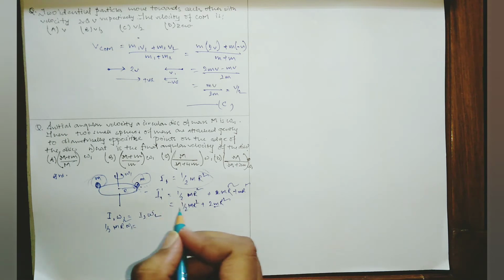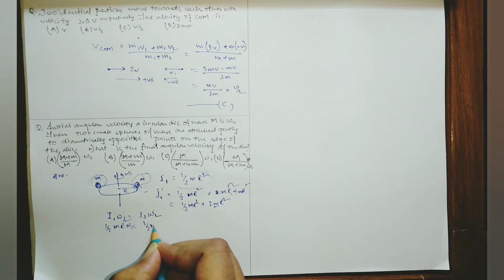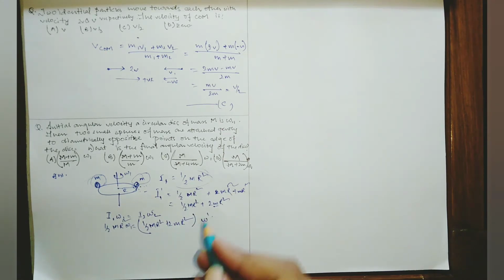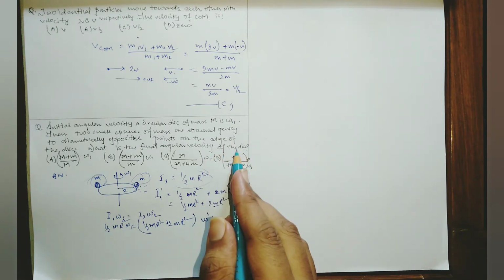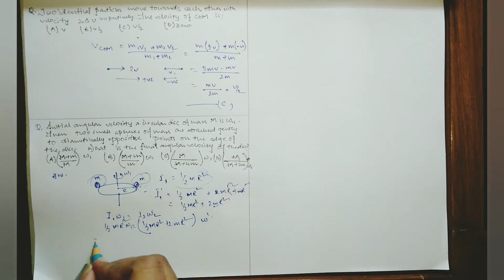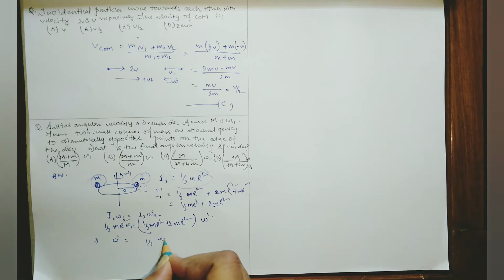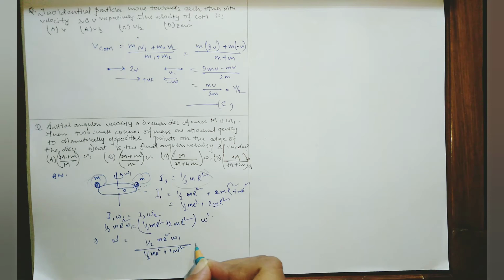For the second case, it is half of M r square plus 2m r square, and omega dash is the final angular velocity which we are trying to find out. Now omega dash is equal to half of M r square omega 1 by half of M r square plus 2m r square.